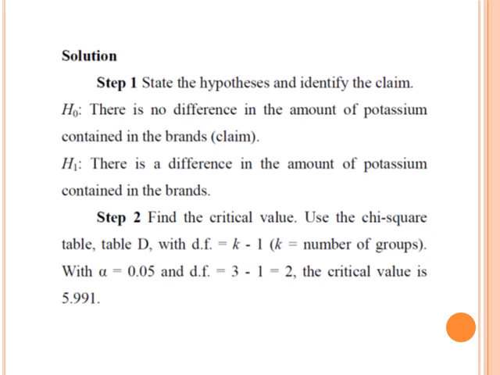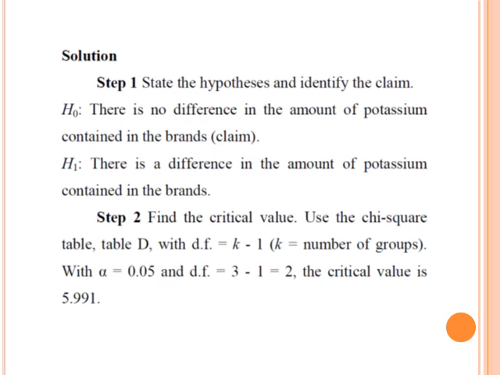The second step is finding the critical value. Here we will use the chi-square, as mentioned before, from table D in the appendix of your book, with degrees of freedom k minus 1, where k is the number of groups.